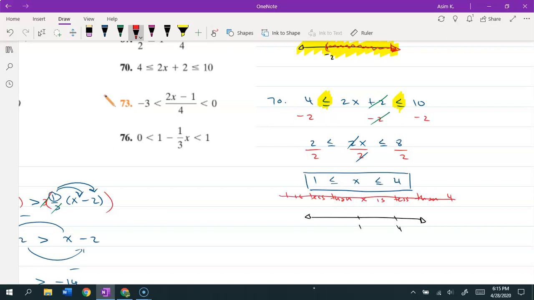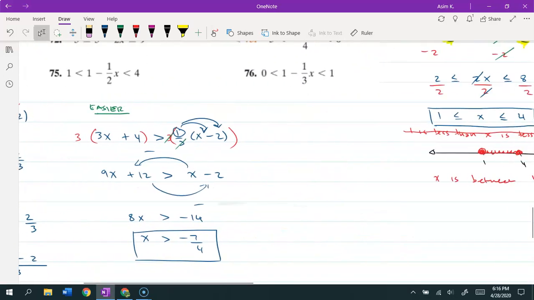What you really want to say is x is between 1 and 4 inclusive. That's really how you read this. And so what does that look like? That means shaded circles, and then in the middle of the two, you're supposed to shade like that. That's really how you read number 70 right there, okay?